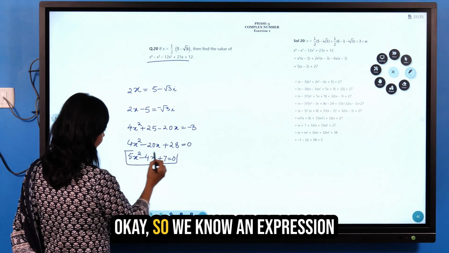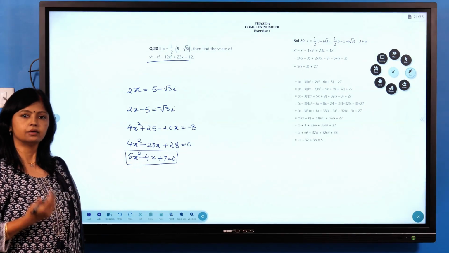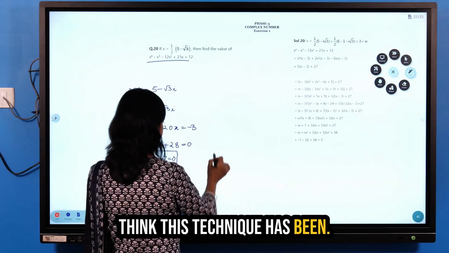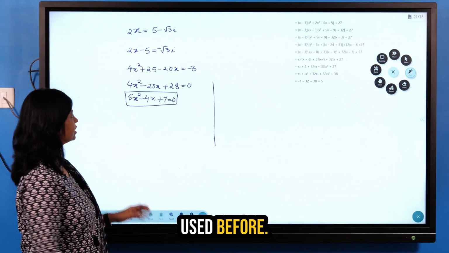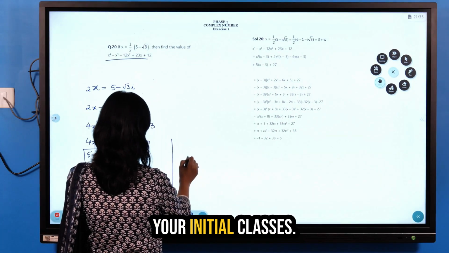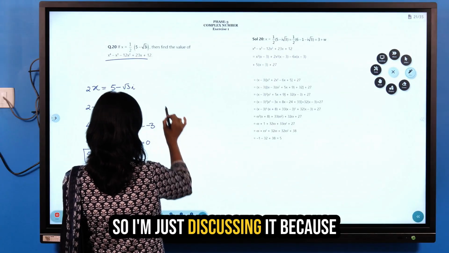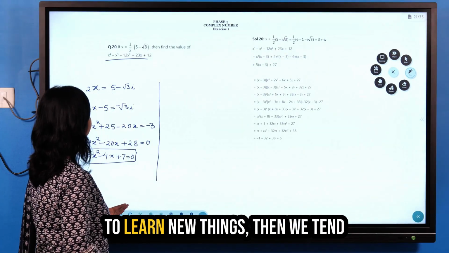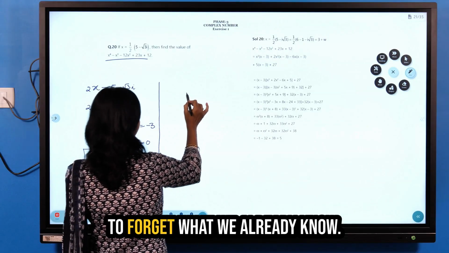Okay. So we know an expression which gives us 0. And I think this technique has been used before. You may have done it in your initial classes. So I am just discussing it because sometimes we want to learn new things and we tend to forget what we already know.